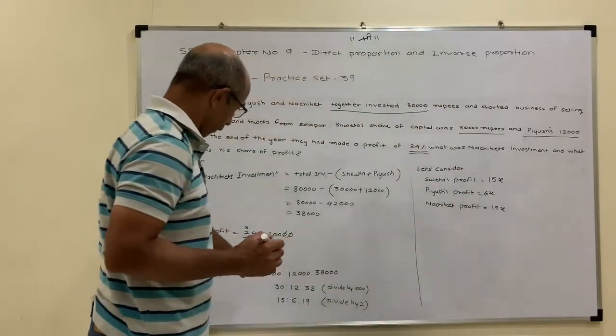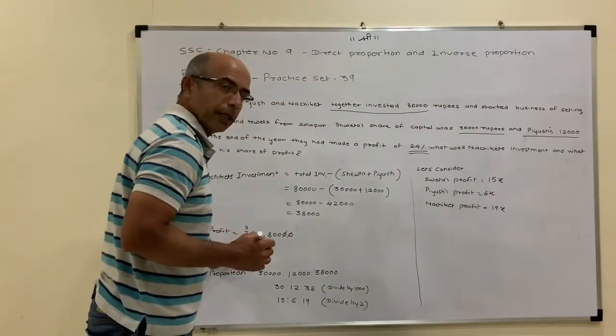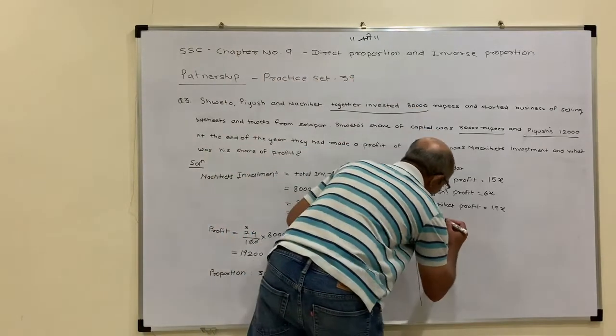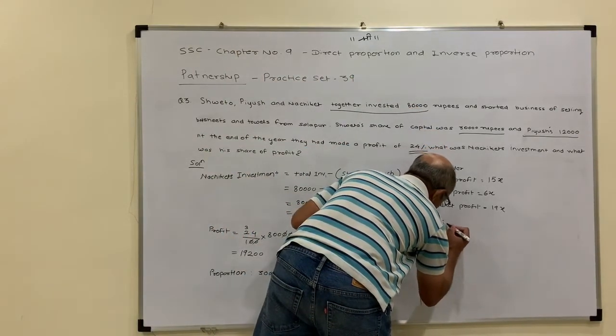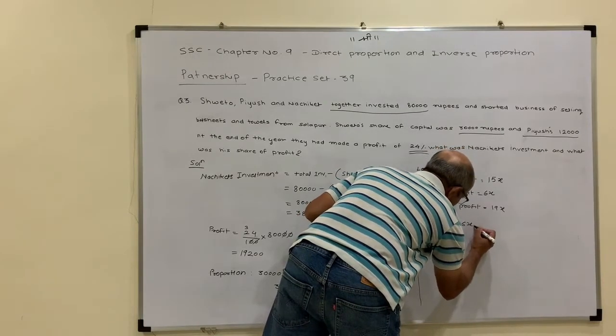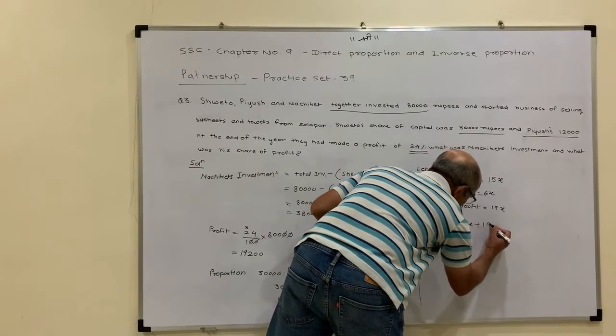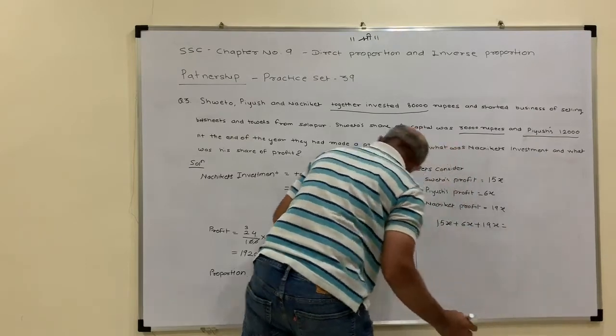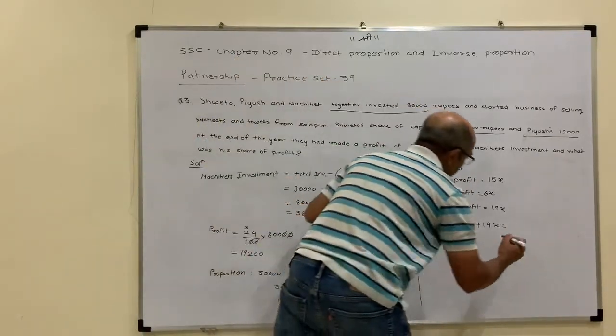and the total profit is 19,200. So our equation will be 15x plus 6x plus 19x equals 19,200.